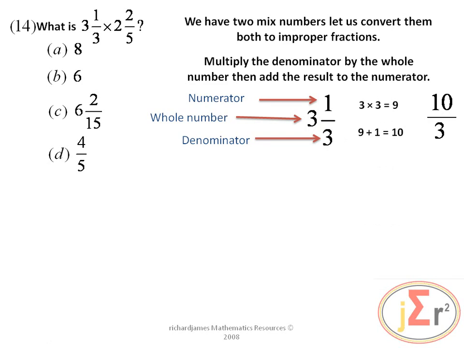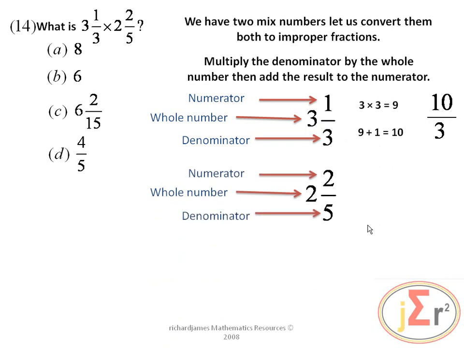We'll do that with the other mixed number, identifying what each digit signifies. And of course, we're going to start down here again. 5 multiplied by 2 is 10. And 2 plus 10 is equal to 12.